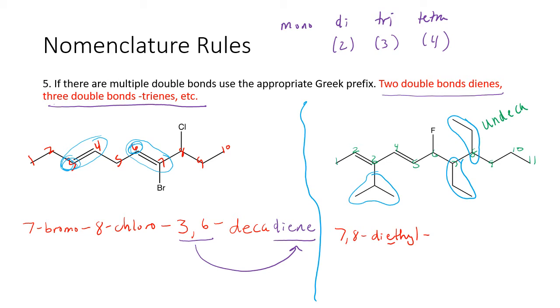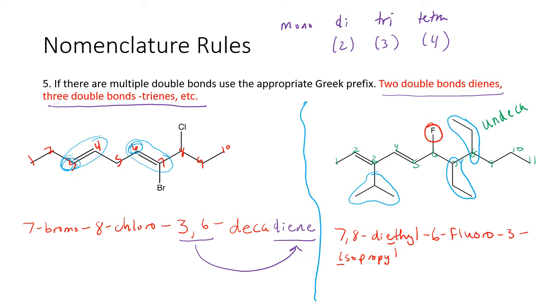I'm forgetting the fluoro group right here. So at position 6, we have a fluoro group. So actually, that's going to come after E alphabetically. So 6-fluoro, it's FLUORO. Next, finally, 3-isopropyl. And isopropyl, remember, goes by I. It's not hyphenated, so it goes by I for alphabetical order.